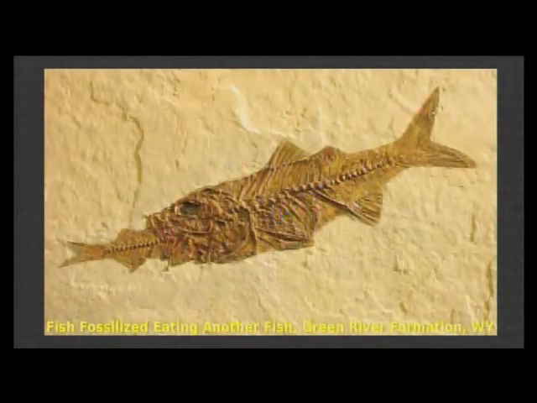We even find the skin and soft parts of catfish preserved. And we even find fossils of fish eating other fish. In fact, this is a photograph of one of the specimens that we have out there in the museum just outside the Special Effects Theatre on the first floor. Did it take millions of years to fossilise that fish? How do you fossilise a bird slowly, or a bat?